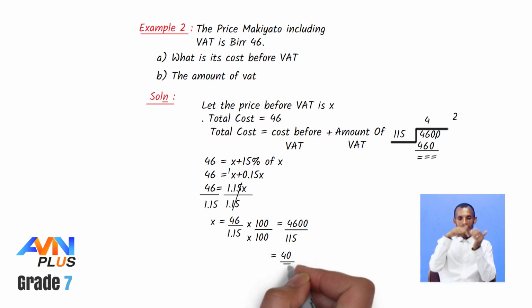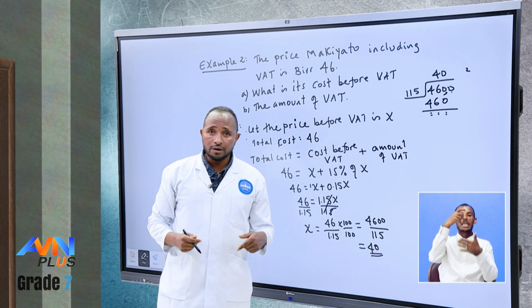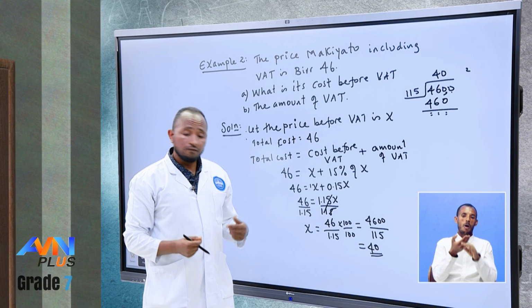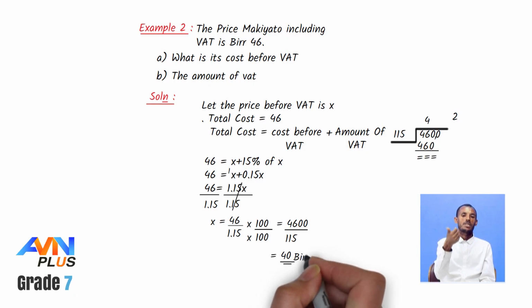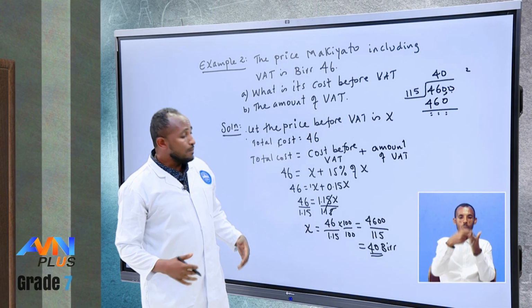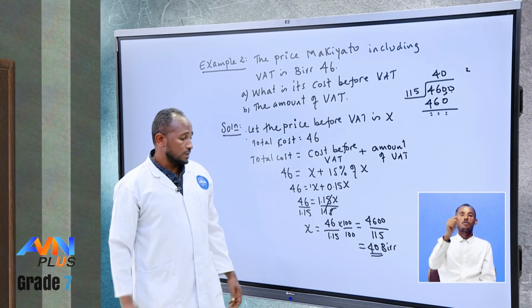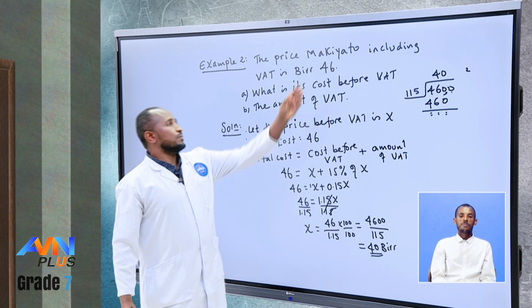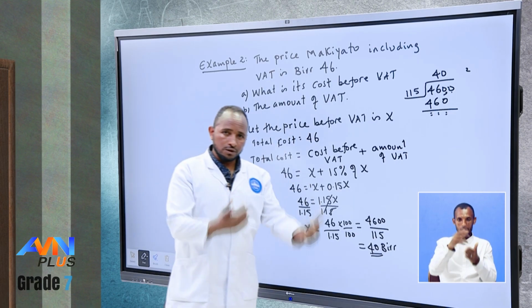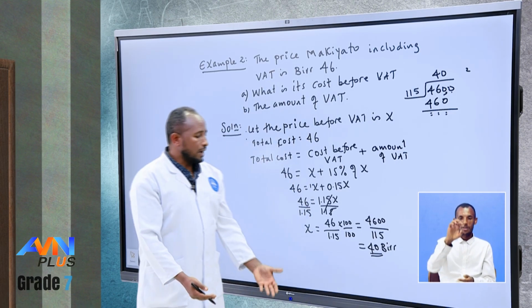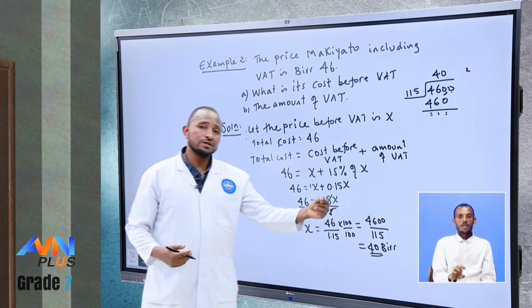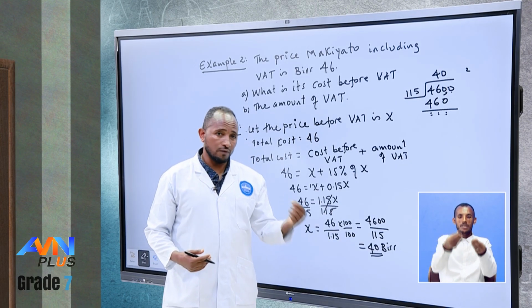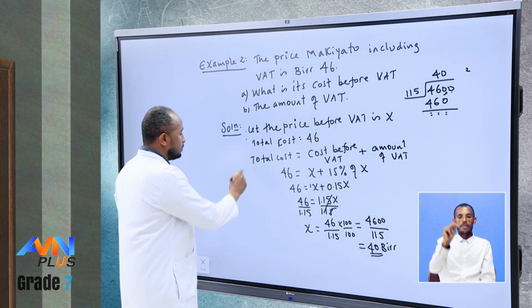Therefore, the price of macchiato before VAT is 40 birr. So what will be the amount of VAT here? In this case, the price including VAT is 46. The price before VAT is 40. So the difference gives you the amount of VAT.